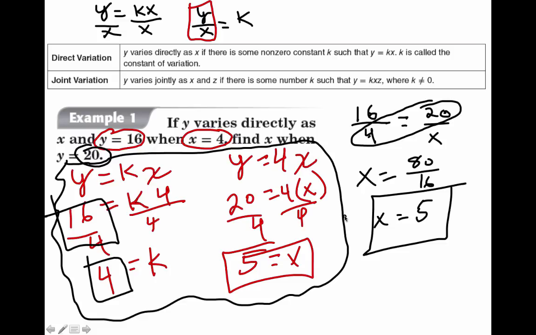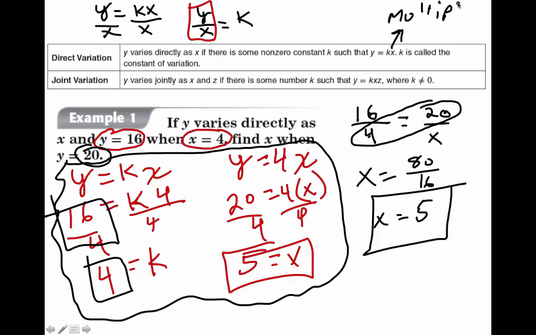So we'll take a look at a few examples like that. I like to look at this as the algebraic method, and I like to look at this as the proportion method. The proportion method is actually faster, but you can do them either way, and I'll do these first few examples both ways. Just make note, direct variation means multiplication times k, so we multiply.